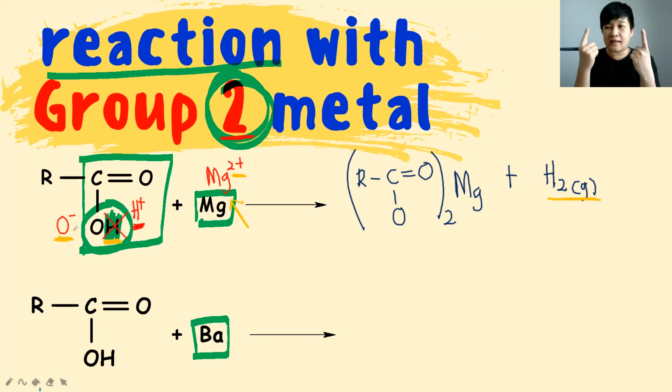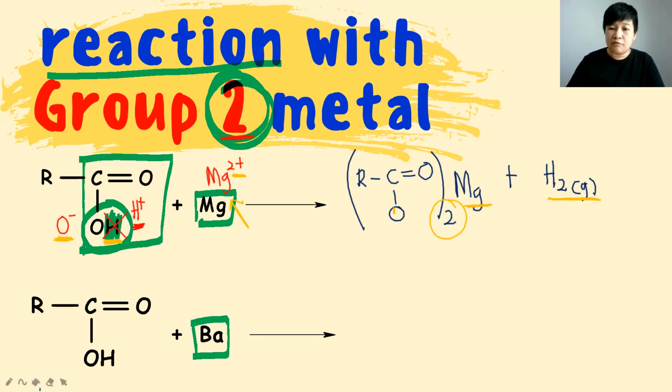So you need to have 2 O-, alright, to react with 1 Mg2+. Therefore, you must have your COO in the bracket of 2 combined with 1 Mg.